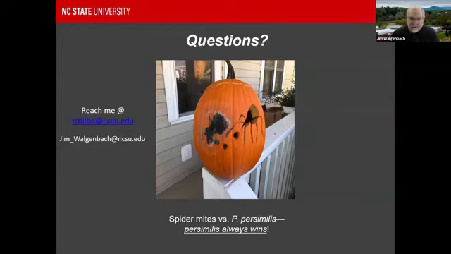So what you really see is spider mites entering tomato fields, and then there's a lag time between when the spider mites build up to large enough populations and Phytoseiulus persimilis really detects them. Usually, in nature, Phytoseiulus is not going to show up or is not going to be attracted to a spider mite population unless it's pretty high. They're giving off chemicals, or there's some chemicals involved in that and other things.